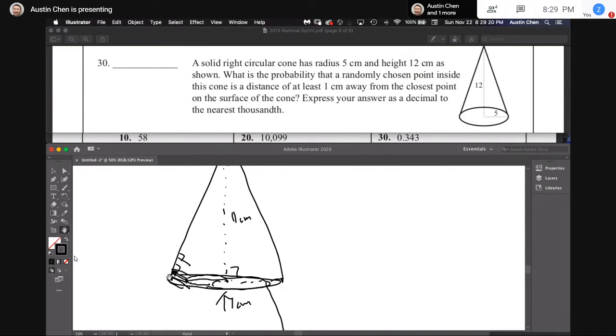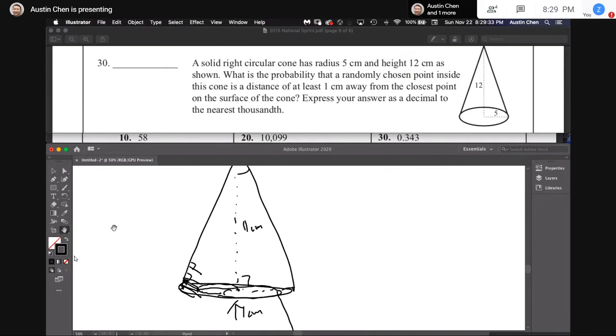And why do we do it at right angle projections? Well, that's what it's saying by 1 centimeter away from stuff, right? If you're looking at 1 centimeter away from a line, it's just the distance from that point to the line at a right angle.